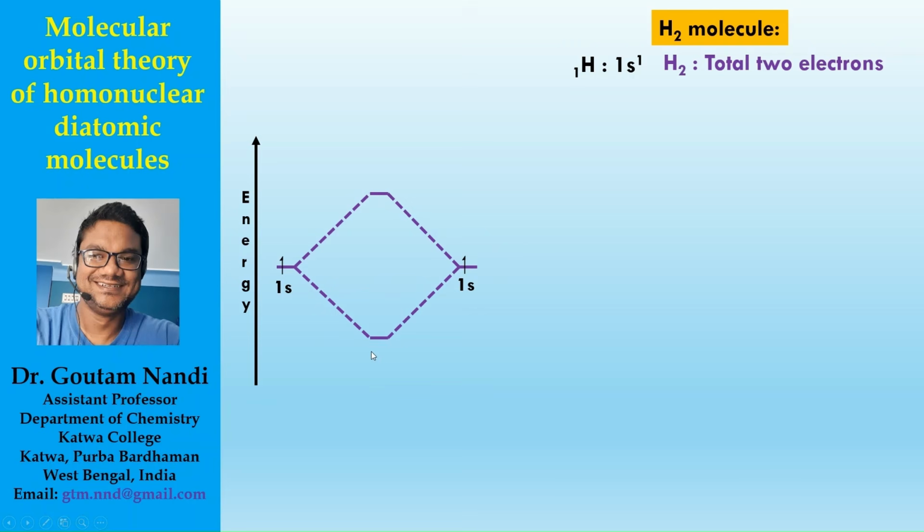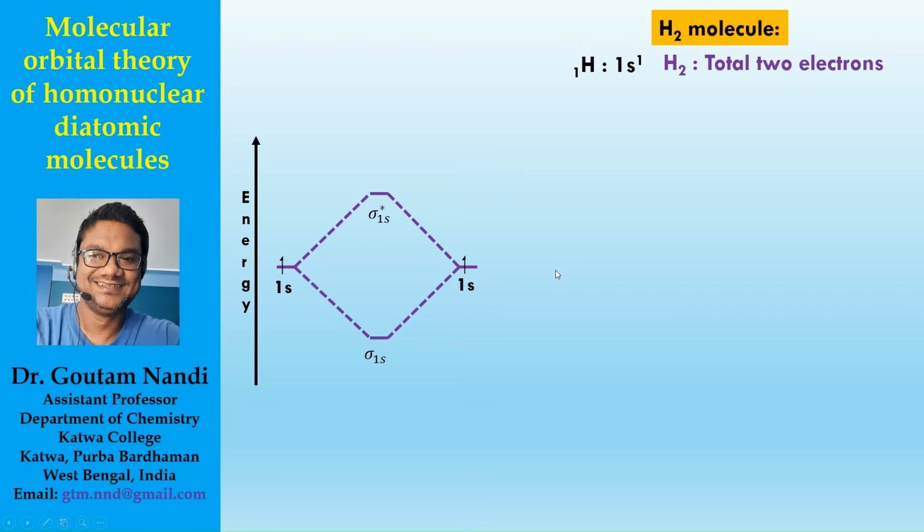This is named as sigma 1s orbital and this is sigma star 1s. Star indicates that this is an antibonding molecular orbital, meaning any molecular orbital which contains a star at the superscript position, you can take it as an antibonding molecular orbital.